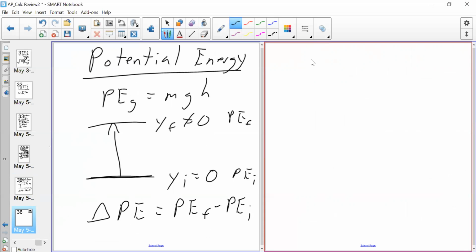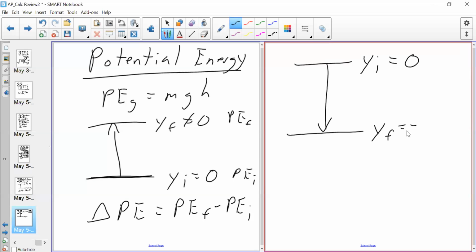And so, like I mentioned before, if you define the top to be 0, that's your initial point, and come all the way down, y final will be negative. Let's say if this was 10, this will be negative 10.